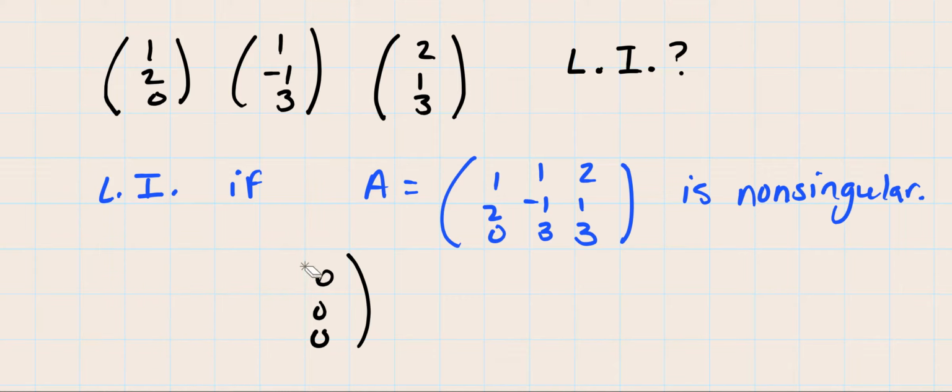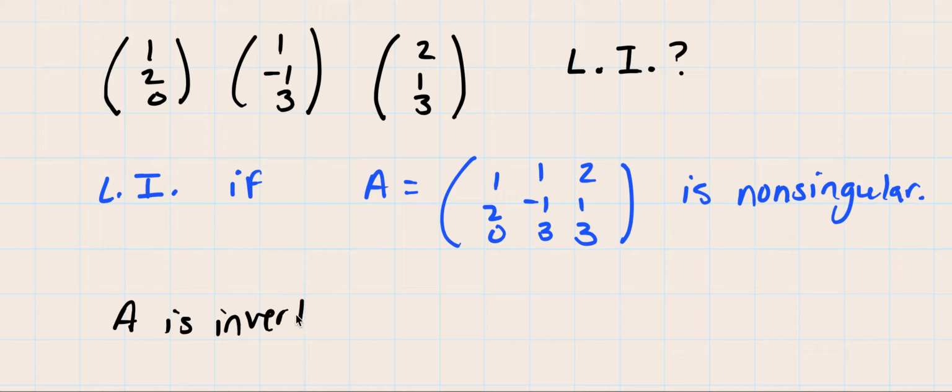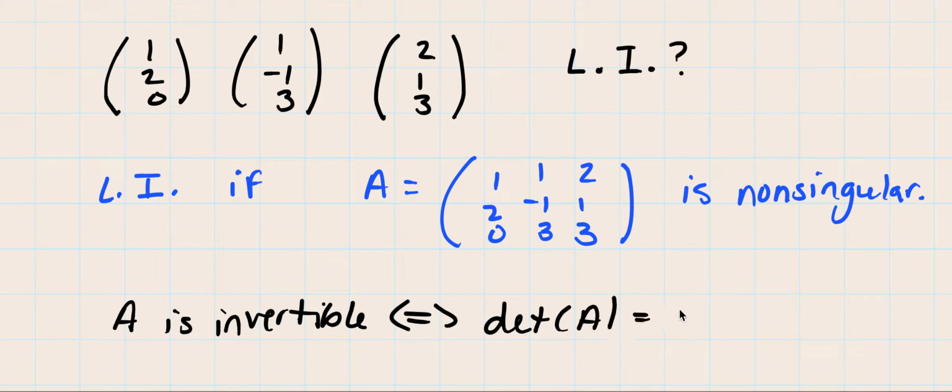I know that a matrix A is invertible if it's square, then its determinant is non-zero. So if I take the determinant of this matrix and I get anything other than 0, then it's invertible, which would mean by the last theorem that these vectors are linearly independent.